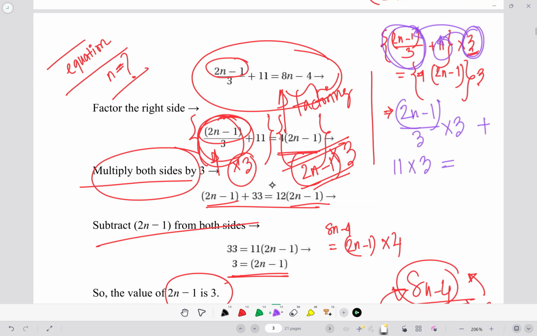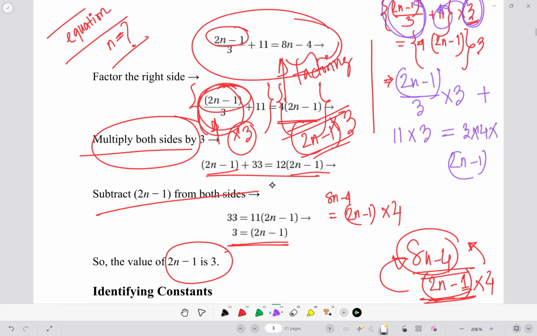This is the most breaking part because I'm breaking it down; it's too fundamental right now. 3 multiplied by 4 multiplied by (2n minus 1). Do you understand, at least at this moment? And then this 3 and this 3 are cancelled.